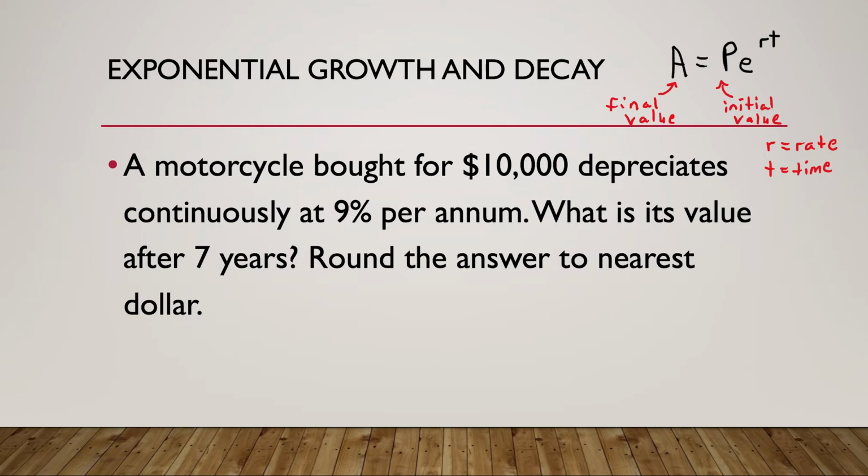All right, so let's look at this example. A motorcycle bought for $10,000 depreciates continuously at 9%, and that phrase means per year. What is its value after 7 years? Round the answer to the nearest dollar.